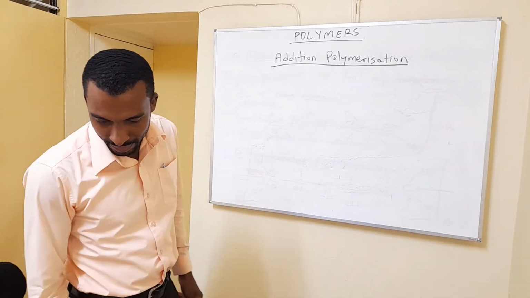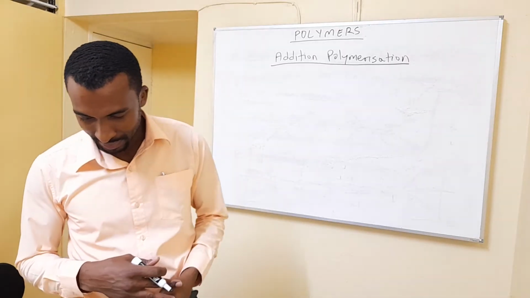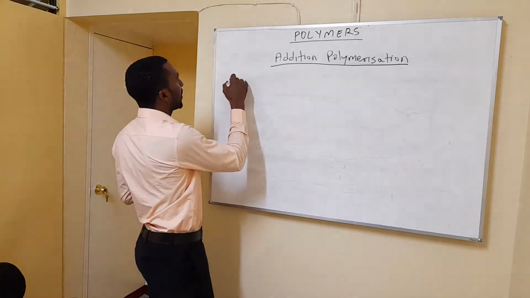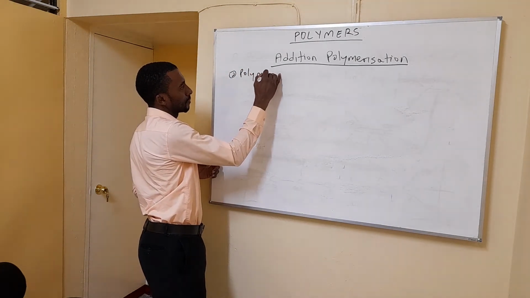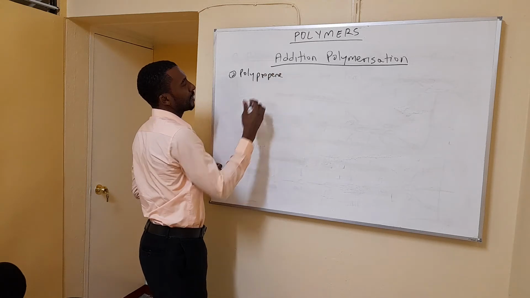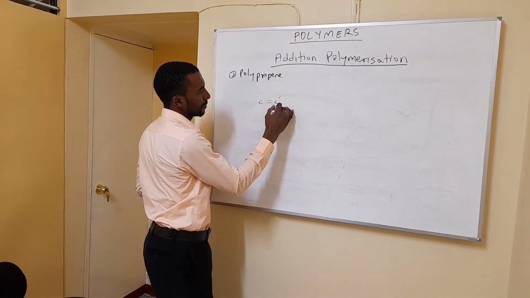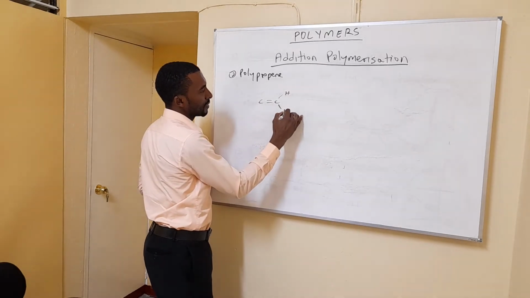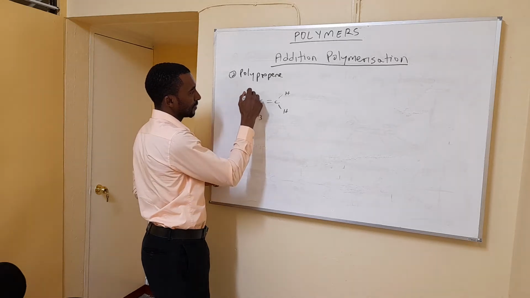So next we have polypropylene, very similar to polyethylene, but as we know for polypropylene, remember that instead of a hydrogen this would be a CH3 here, right?